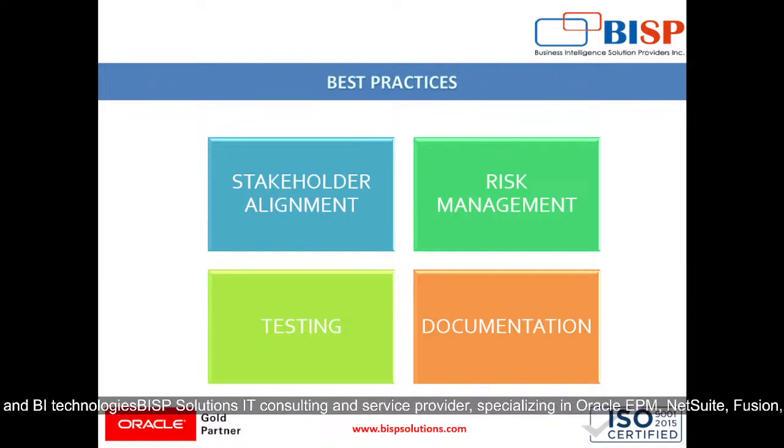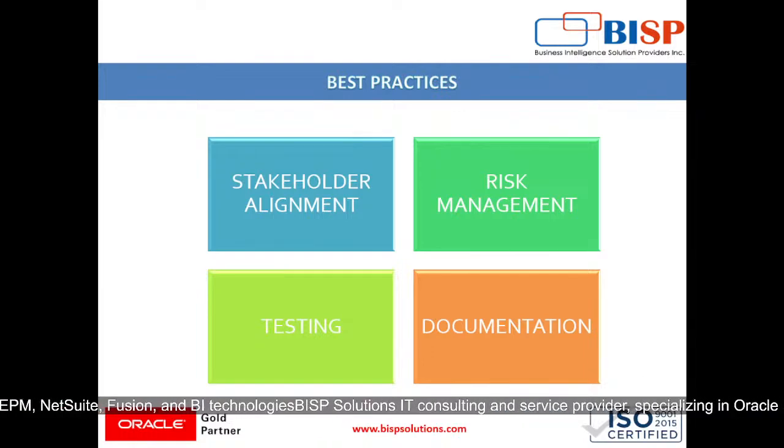Testing, which means thoroughly testing all configurations, data migration and integration. Then documentation, where we will be maintaining detailed records of configurations, mappings and processes, so that there will be clarity about the things we have done.